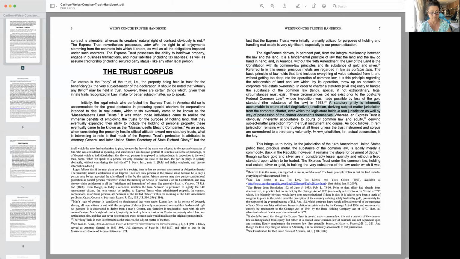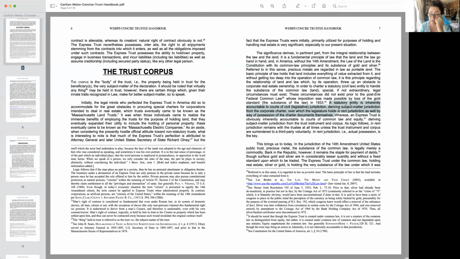In rem. Adjective, made against or affecting a thing, and therefore other people generally imposing a general liability. Compare with in personam. So in rem is an adjective in law. Made against or affecting a thing.